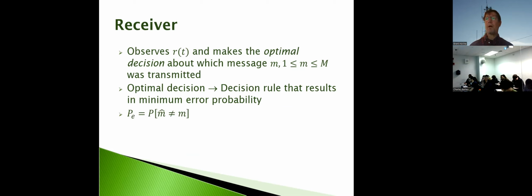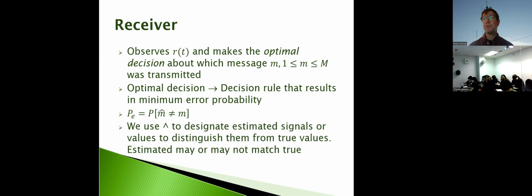So our probability of error is equal to the probability that our estimated m is not equal to the true m. We're going to use this little caret over our letters to designate things that we're estimating at the receiver, to distinguish them from the true values.